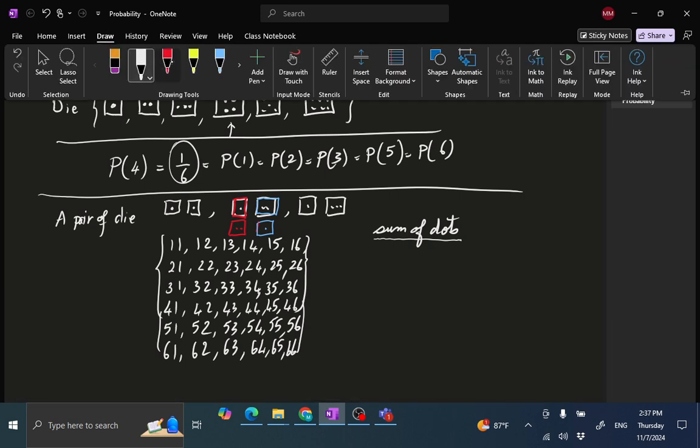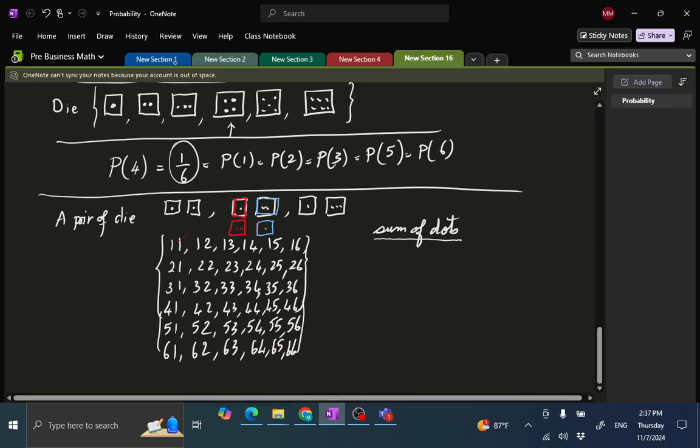So if we play the game of sum of dots, then the following is going to happen. If you get 1 1, you say you got a 2. 1 2 or 2 1, you got a 3. 3 1, 2 2, or 1 3, you say I got a 4. And then of course this one I got a 5. And now all of these numbers, 6.